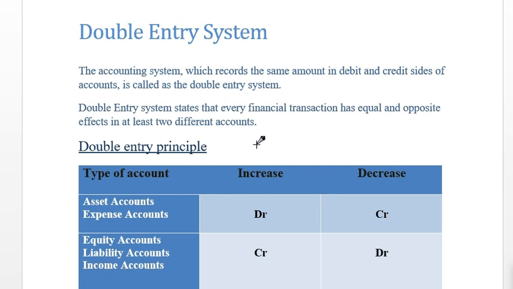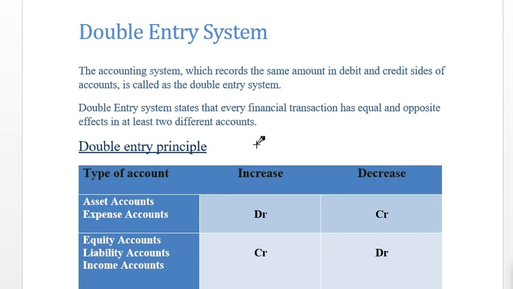As you all know, in accounting there are basically 5 types of accounts available. Those are asset accounts, expense accounts, equity accounts, liability accounts, and income accounts.